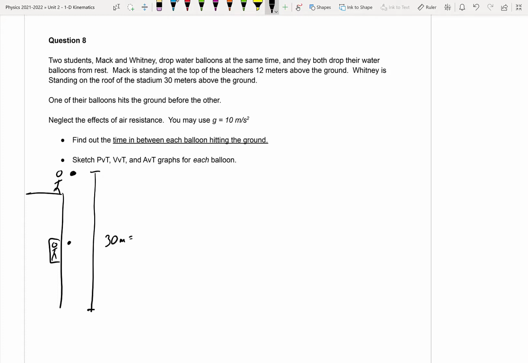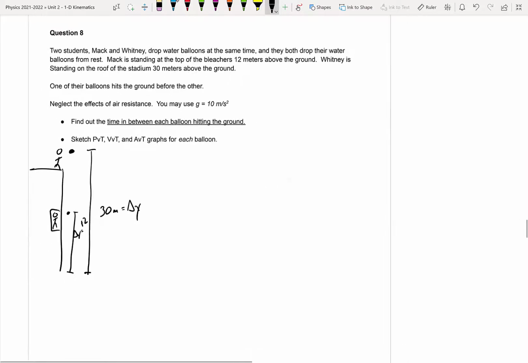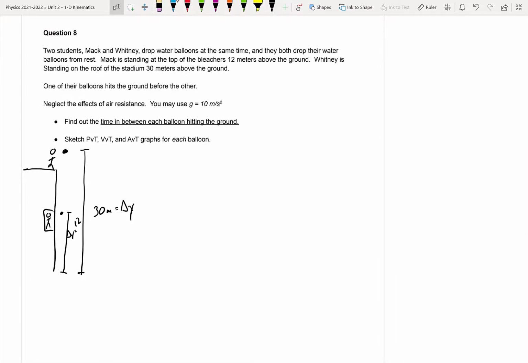So if you call down the positive direction, which would be perfectly appropriate for this one, for this guy, delta y would be, I don't know what it is, 12. So those are two different heights. We want to look at the time in between each balloon hitting the ground. I'll do it for Mark and Whitney, I think are their names. Mark is standing at 12 and Whitney's at the 30.